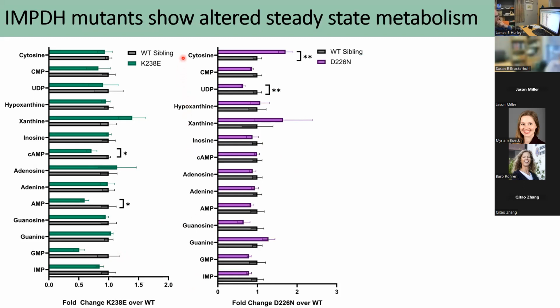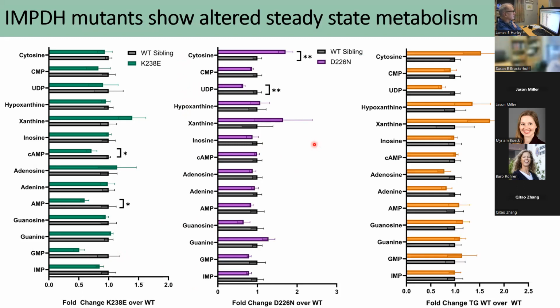And so we're starting to think that IMPDH could be interacting with other proteins and either trapping them or moving them to a place where they're not supposed to be. And then in our transgenic wild type, we're not seeing any changes in the purine or pyrimidine metabolites.